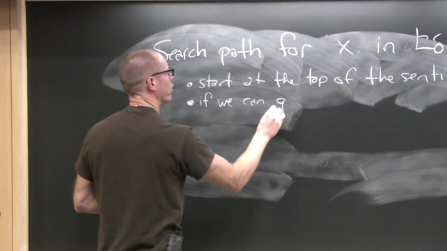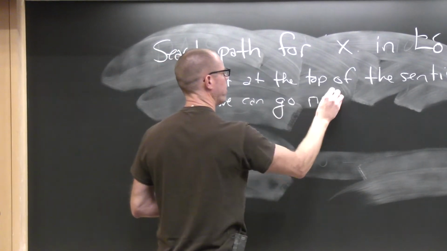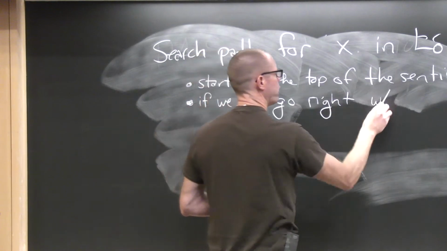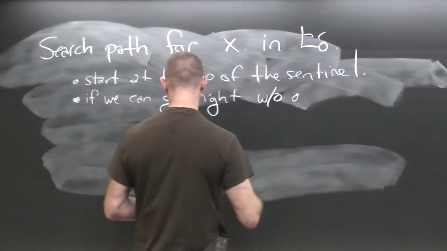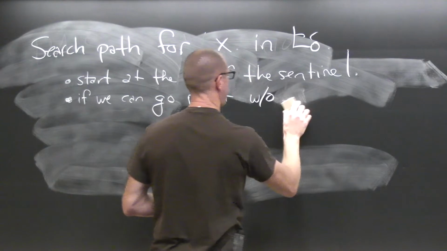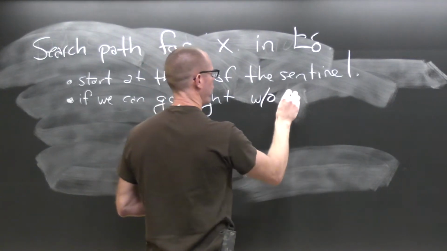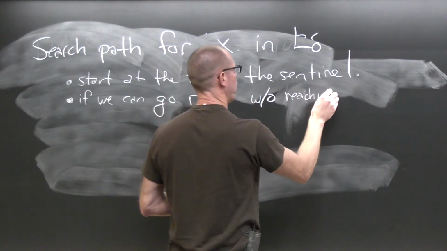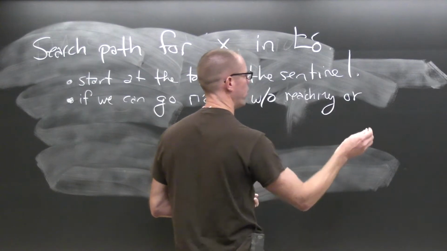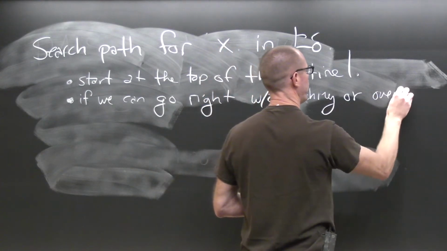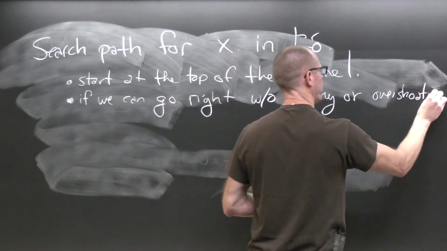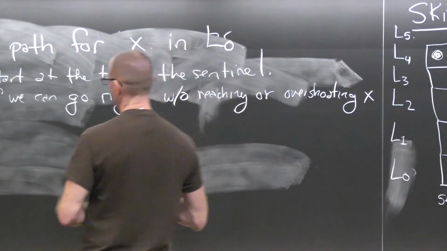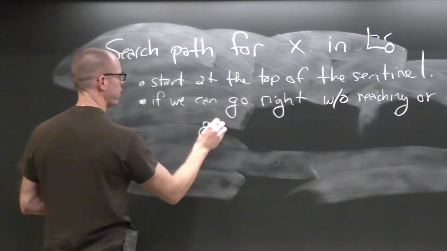If we can go right without reaching or overshooting x, then we go right.